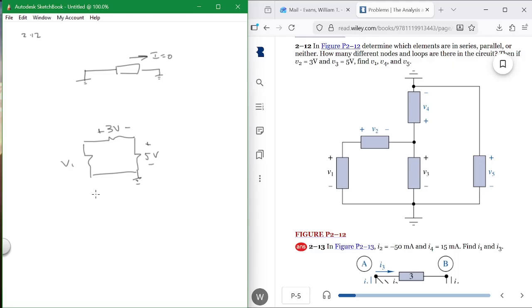Okay, the sum of the voltages around any closed loop has to equal 0. So we have to say 3 plus 5 plus V1 equals 0. V1 is what?